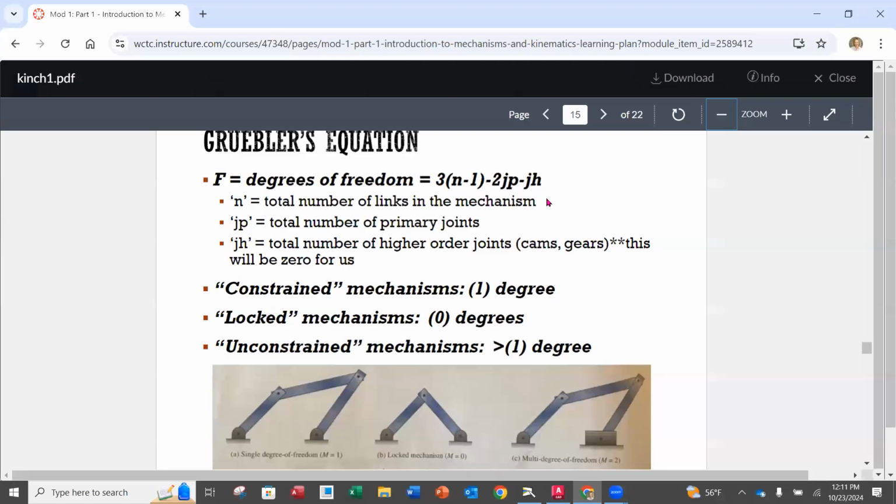So we won't be dealing with JHs, so no higher orders here. So we won't be doing mechanisms that involve gears or cams. We're only going to do primary joints. So pins and sliders are what we're going to deal with.